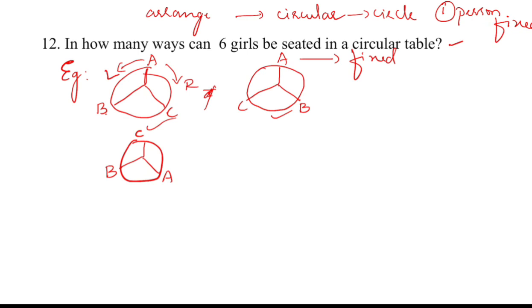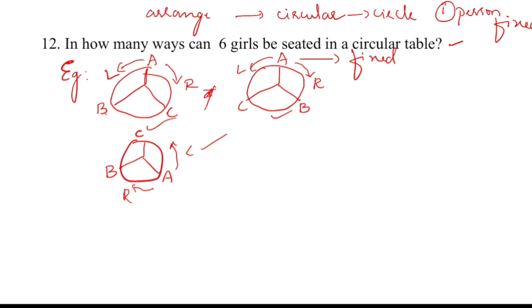Now see here, to the right side of A, B is there, and to the left side of A, C is there. Now in this condition, to the left side of A, C is there, and to the right side of A, B is there.